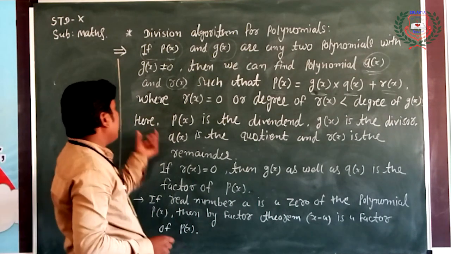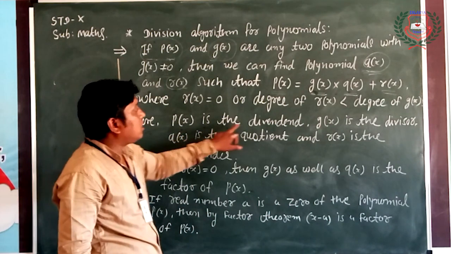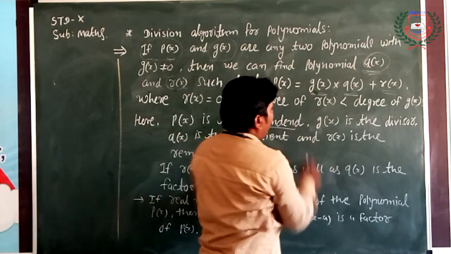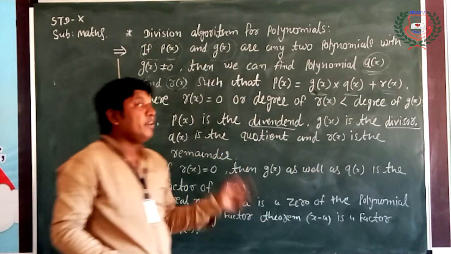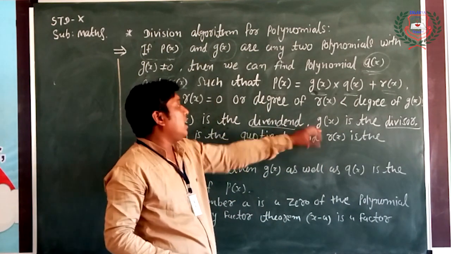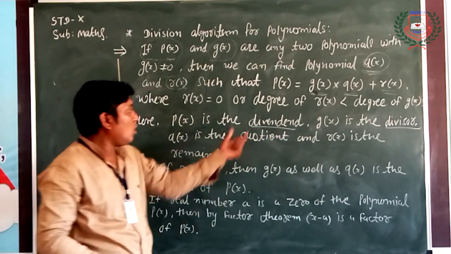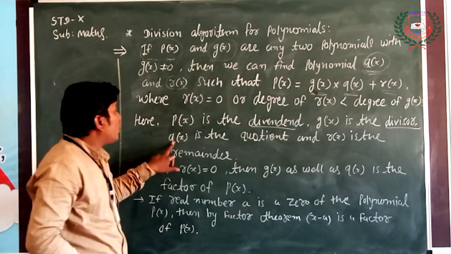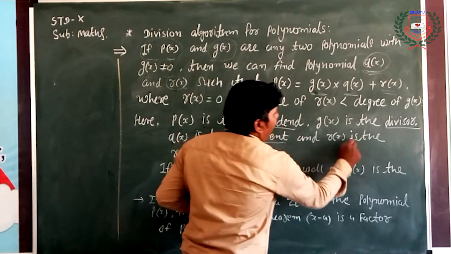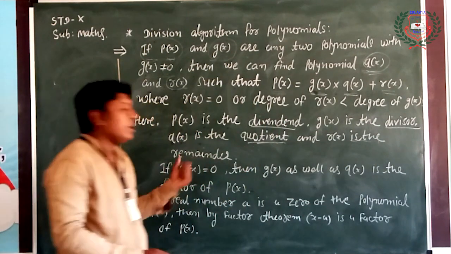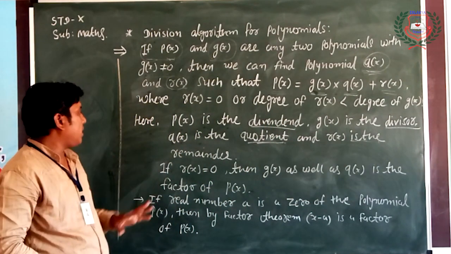यही कांसेप्ट है. Here p of x is the dividend and g of x is the divisor. जिससे हम डिवाइड करते हैं उसको डिवाइजर कहते हैं, जिसको डिवाइड करते हैं उसको डिविडेंड कहते हैं. q of x is the quotient, that means answer, and r of x is the remainder.